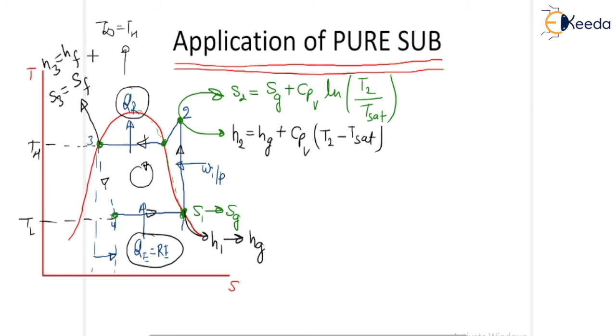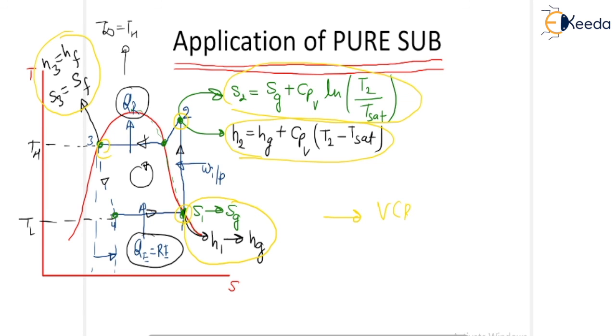These are the thermodynamic equations and the representations of point 1, point 2, and point 3, by which we can solve any question under this VCRS system.